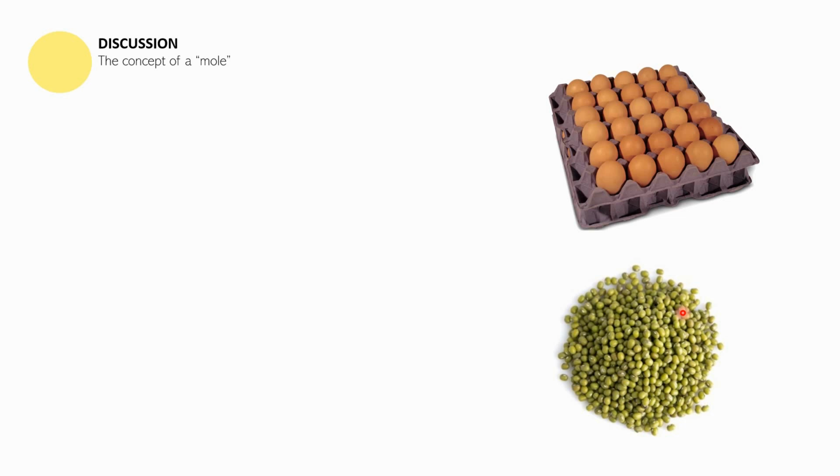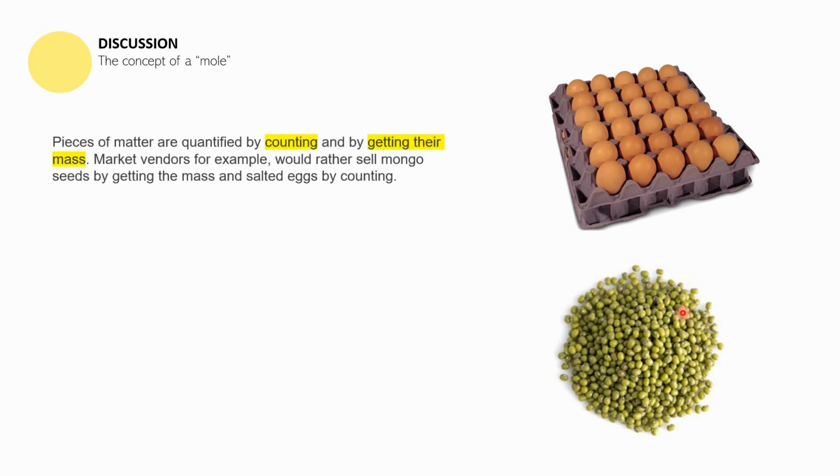So what now is the connection of this to the concept of mole? Pieces of matter are quantified by either counting or getting their mass. In markets, usually one would rather sell mango seeds by getting the mass, and then salted eggs, which are called ebon buro in Kapampangan, itlog na maalat, when they are being bought or sold, it's by counting.